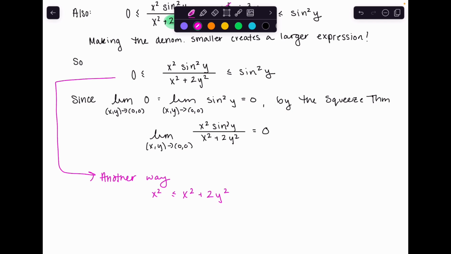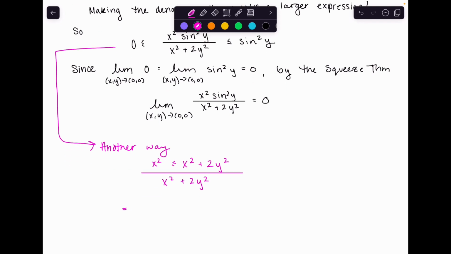So if I take both sides and divide by x squared plus 2y squared, this gives you x squared over x squared plus 2y squared is less than or equal to 1.